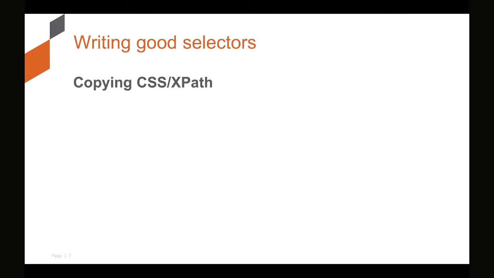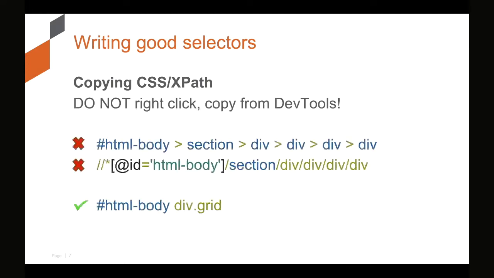So, writing good selectors. We look at some good and bad examples and some pitfalls that we can avoid while building selectors. The first one is copying CSS and XPaths. DevTools offer you the flexibility of generating CSS and XPath using a right click. Most often you would end up with selectors that look like the first two.